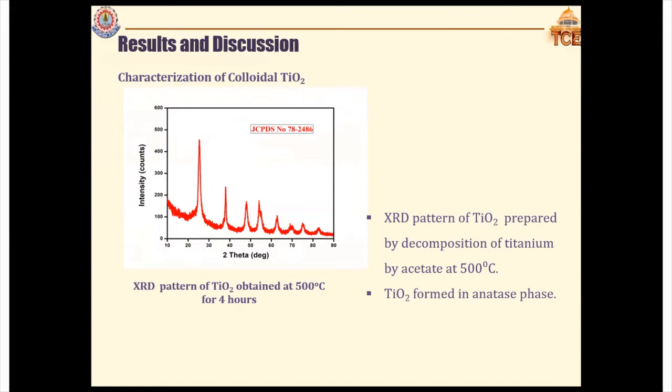The synthesized titanium dioxide formed in the anatase phase and exactly matches the pattern of anatase TiO2. The evidence is that the JCPDS number 78-2486 is the same as the anatase phase of standard titanium dioxide.